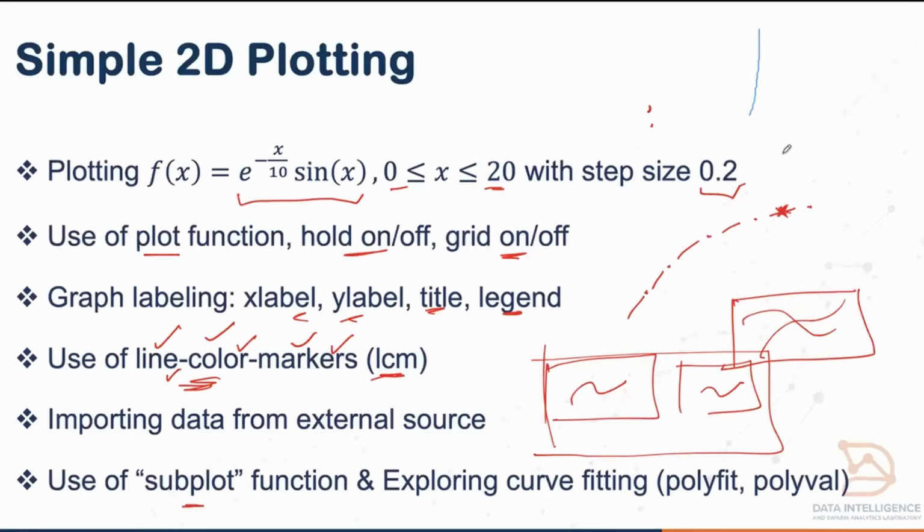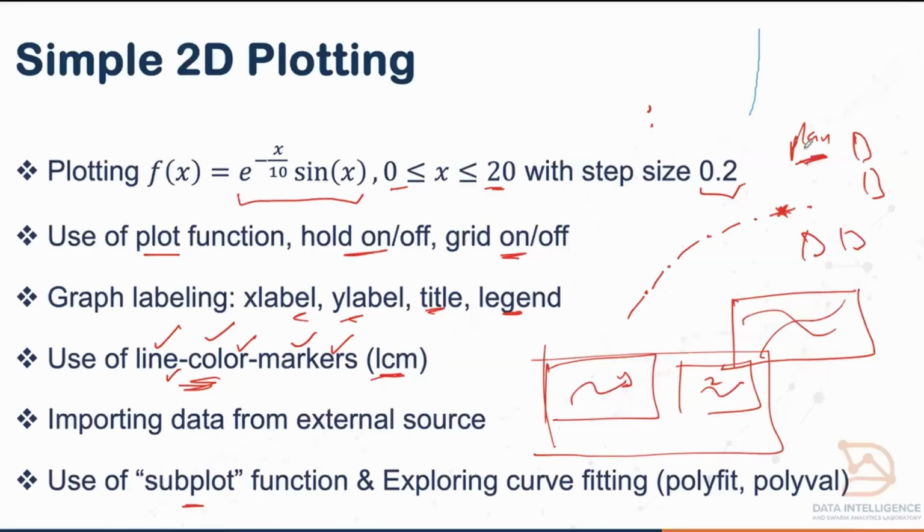Before you do a subplot, you must first plan what you want to draw. Here, I have two graphs to draw, the Y graph and the Z graph. After knowing how many graphs, how do I want to organize them? This way or that way? So you must plan what you want to draw.